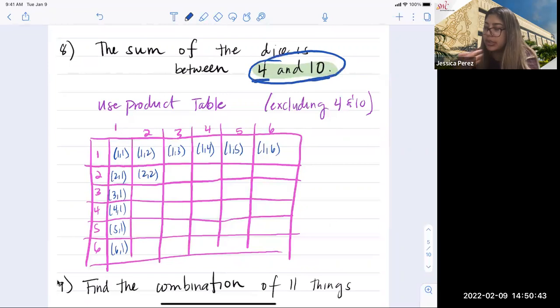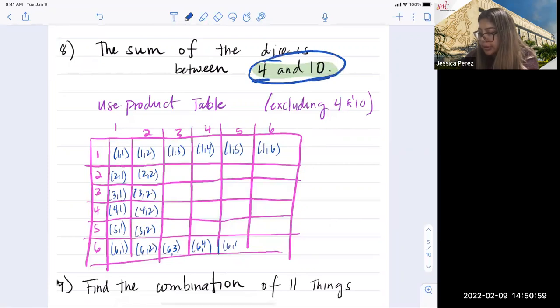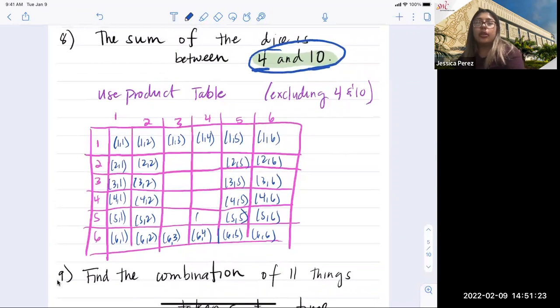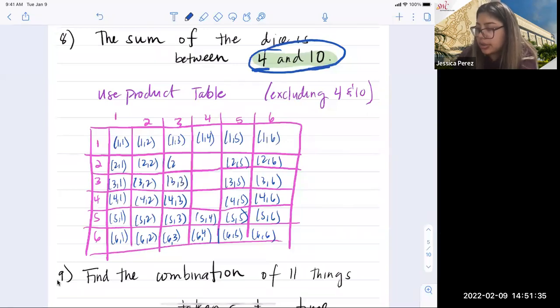I'm going to go ahead and complete the table: (6,3), (6,4), (6,5), (6,6), (5,6), (4,6), (3,6), (2,6), (2,5), (3,5), (4,5), (5,5), (5,4), (5,3), (4,3), (3,3), (2,3), (2,4), (3,4), and then (4,4). So this one has 36 possibilities.